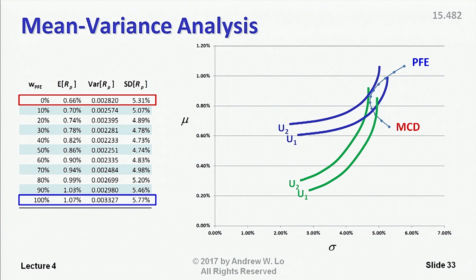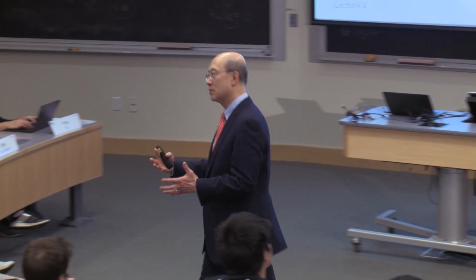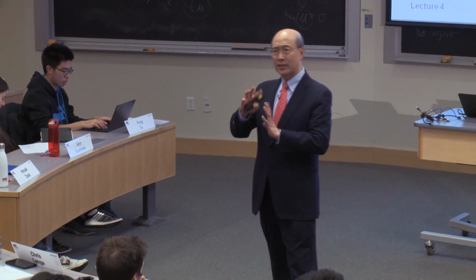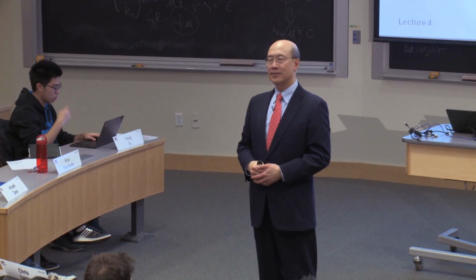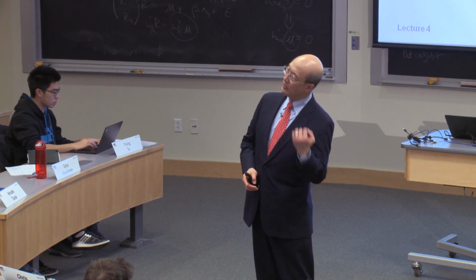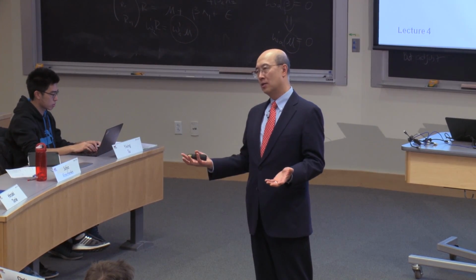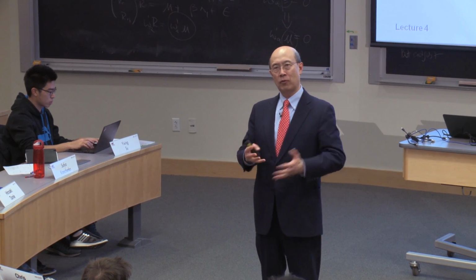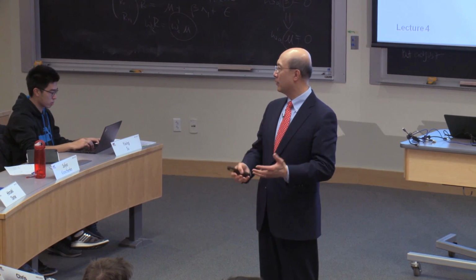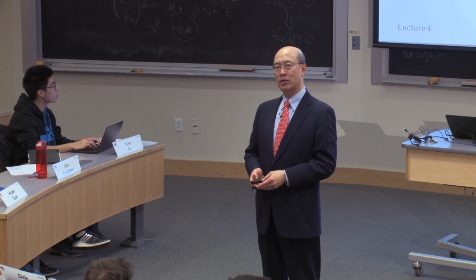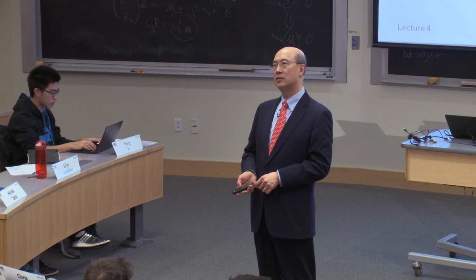It depends on your utility function, your risk attitudes. But clearly, in both cases, it does not make sense to hold only Pfizer or only McDonald's. This is the importance of portfolio theory. You mix the two together in order to get a better trade-off for all parties concerned. Okay?